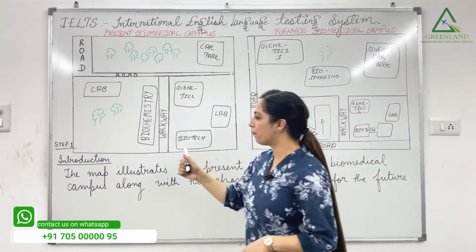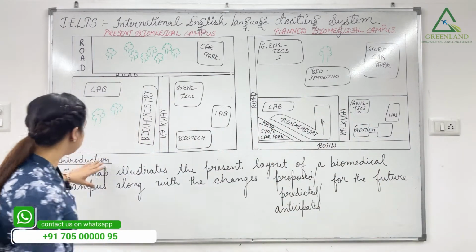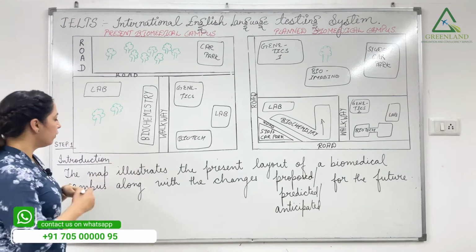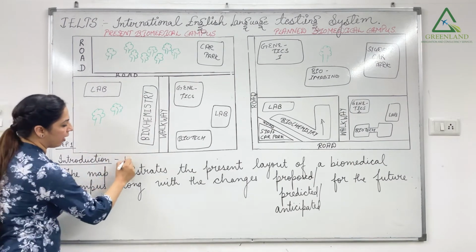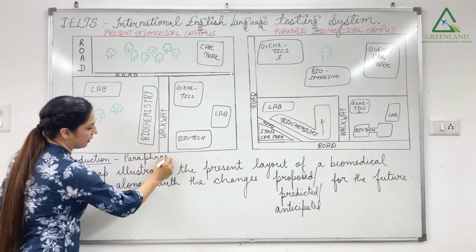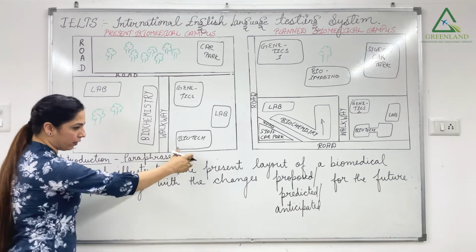Okay, so step 1 is the introduction of the structure of the map. As I told you, in the introduction we have to paraphrase the statement or the question given to us, which I had already written.